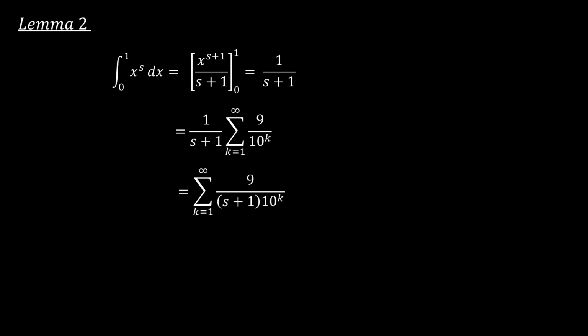into the summation sign. And so expressing this into an integral format again, we're able to pull s plus 1 up. So it's x to the power s plus 1 times 10 to the power k minus 1, and then we keep the constant of 9 there.